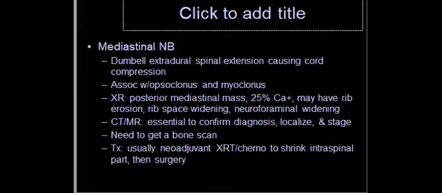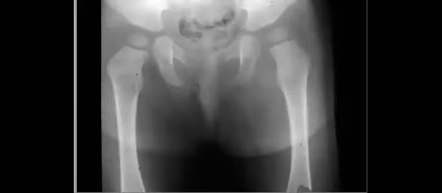Let's shift to another case. When you see an X-ray of the pelvis, you have a limited differential diagnosis, and you should be ready, because in any pediatric committee exam, they will show you the pelvis as ABC pediatric musculoskeletal.